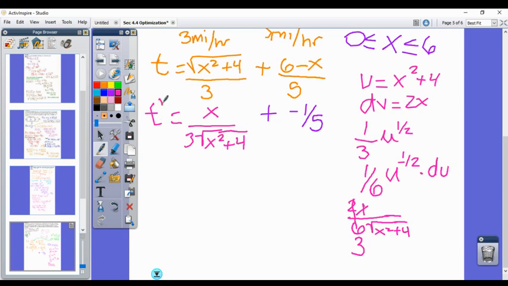Okay, so now what we're going to do is we're going to set this equal to 0. So I'm just going to go ahead and say x over 3 square root x squared plus 4 equals a positive 1/5. I'm going to bring that over to the other side. And then I'm going to cross multiply.